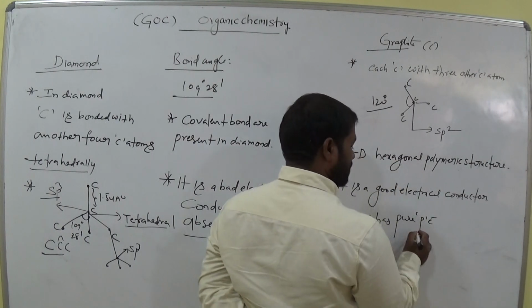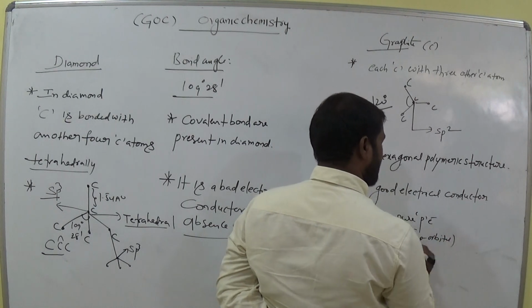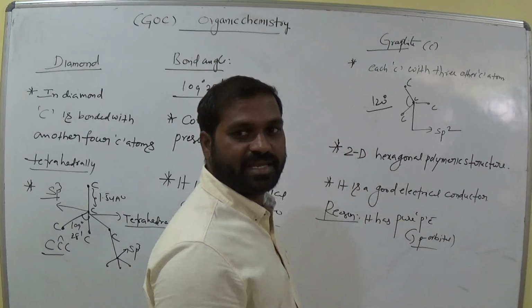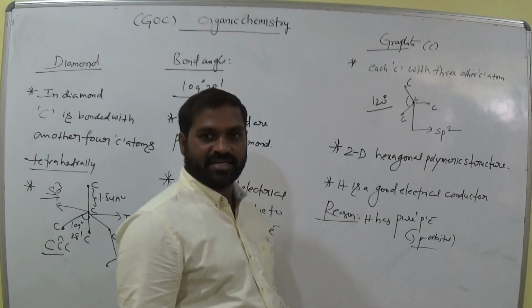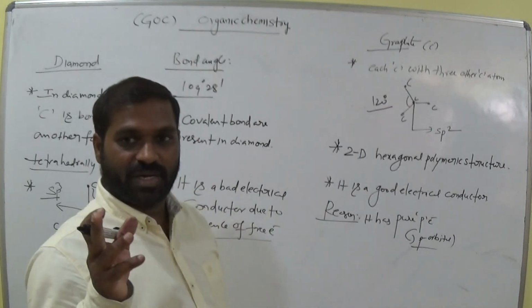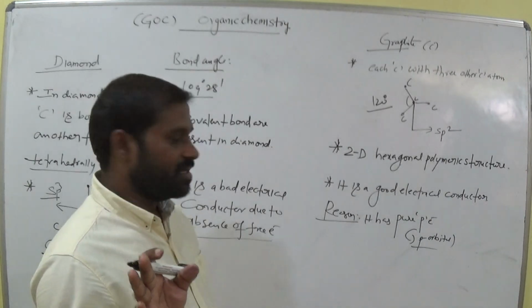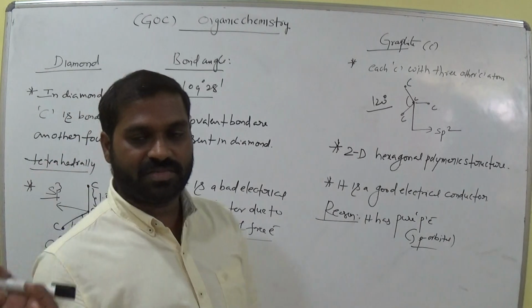In the p orbitals it has free electrons. Where free electrons are available, it is a good electrical conductor. We will discuss this topic in the 14th group also. This is just an introduction about diamond and graphite in general organic chemistry.